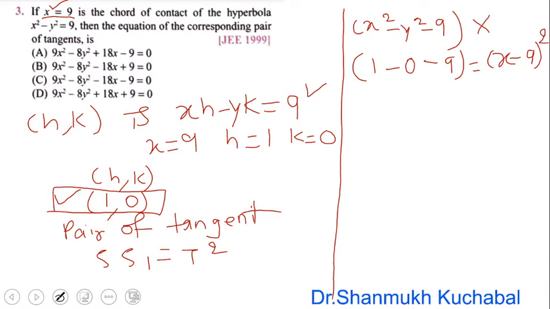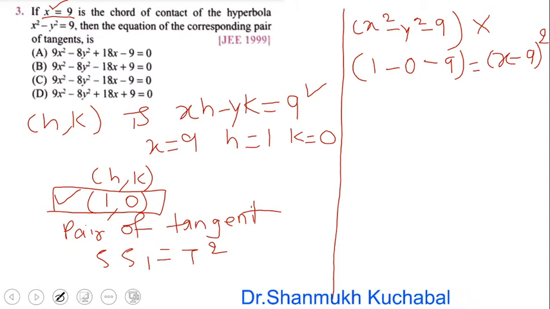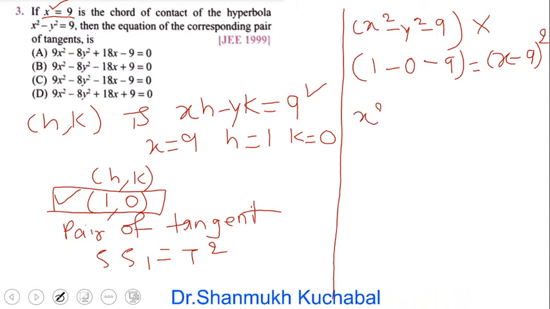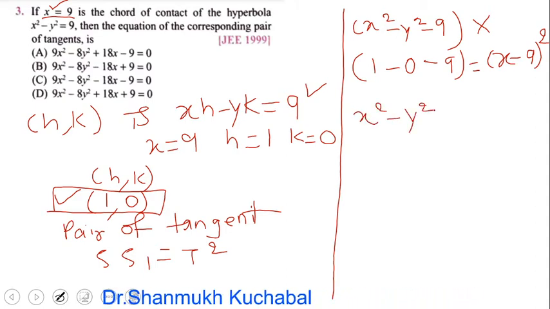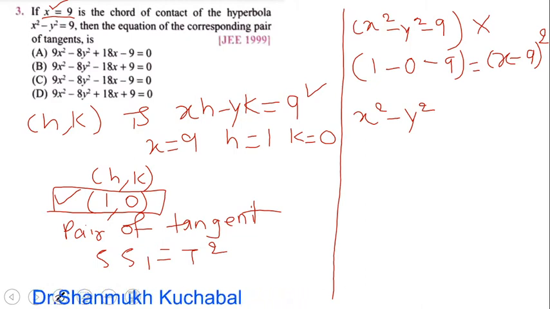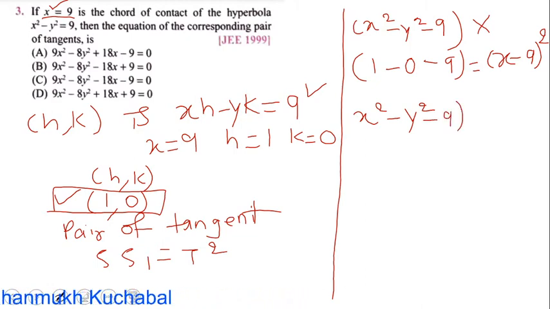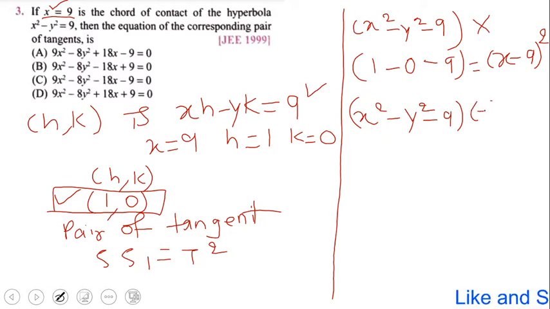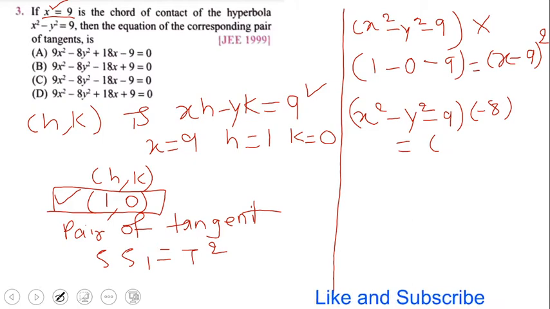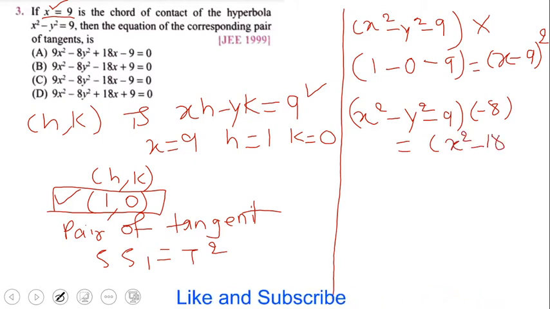Simplifying this, we are going to get x square minus y square minus 9, multiplied by 1, minus 9, it is minus 8, equal to, when expanded, x square minus 18x plus 81.